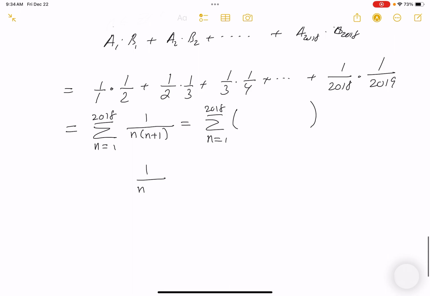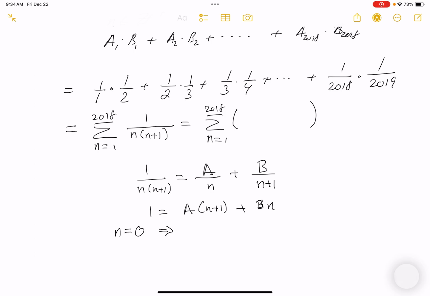So 1 over n times n plus 1 is equal to a over n plus b over n plus 1. Multiply both sides by the LCD. You get 1 equals a times n plus 1, plus b times n. I'd pick an easy n, by the way, because I want to figure out what a and b are. So I'm going to pick n to be 0. And what would you get there?